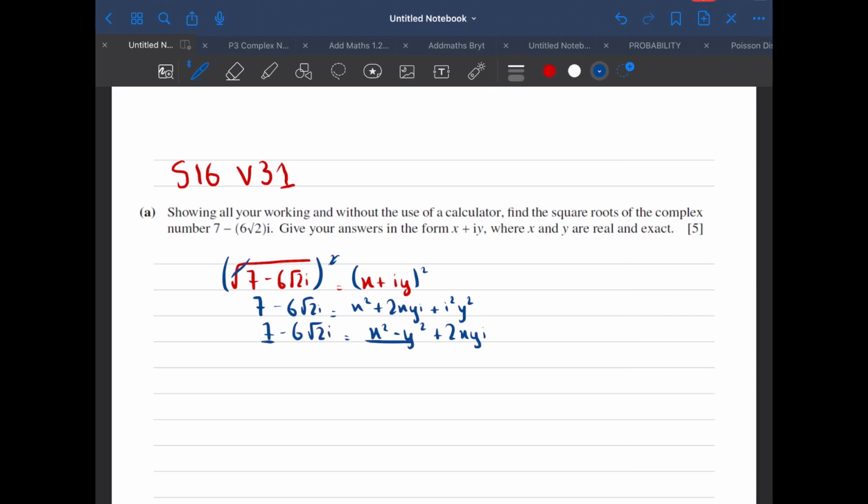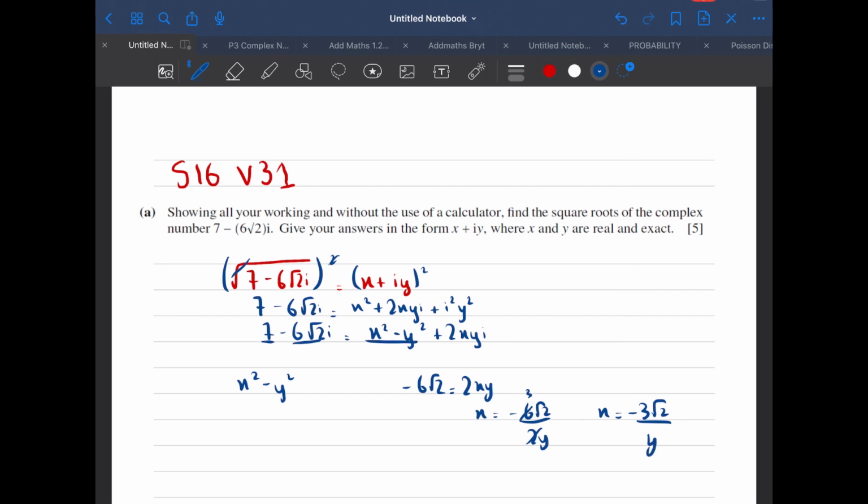Now compare the real part with the real part and the imaginary part with the imaginary part. Do you get this? Now let's make x the subject. So it's going to be minus 6 under root 2 upon 2y. This and this cancel out. Minus 3 under root 2 upon y.